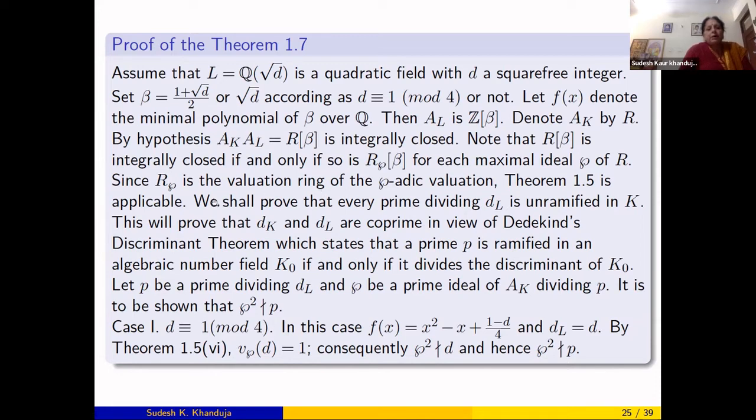And note that R[beta] is integrally closed if and only if so is R_p[beta] for each maximal ideal p of R.